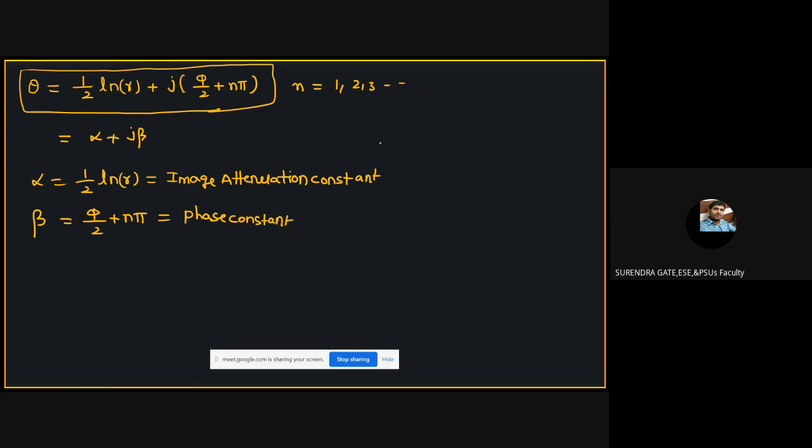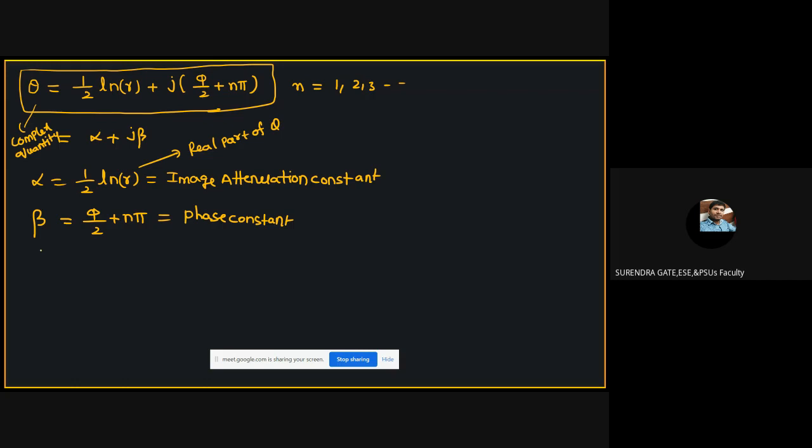Where theta is the complex quantity. Theta is which quantity? Complex quantity. This is the real part of theta.